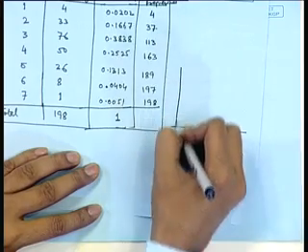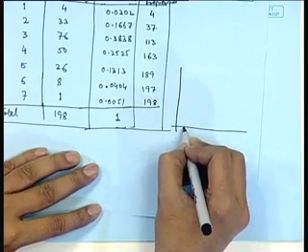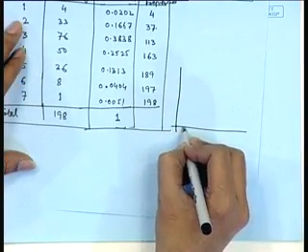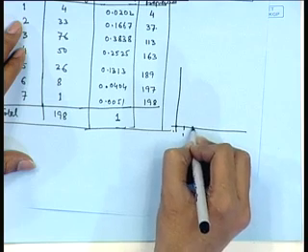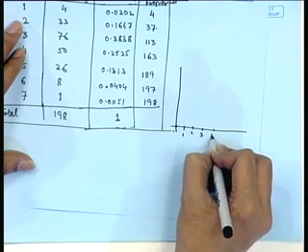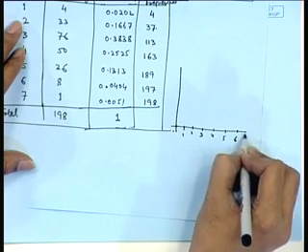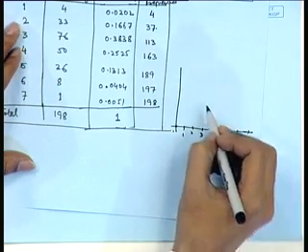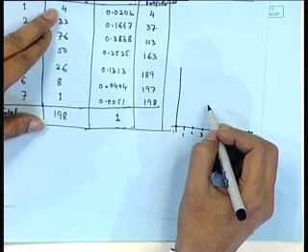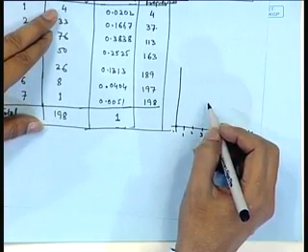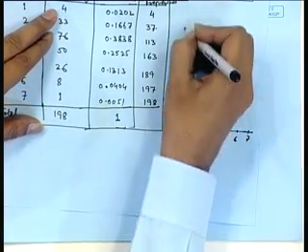So, on the x axis I plot this number: 1, 2, 3, 4, 5, 6 and 7, and we make a bar of the height which is equivalent to the frequency given here.